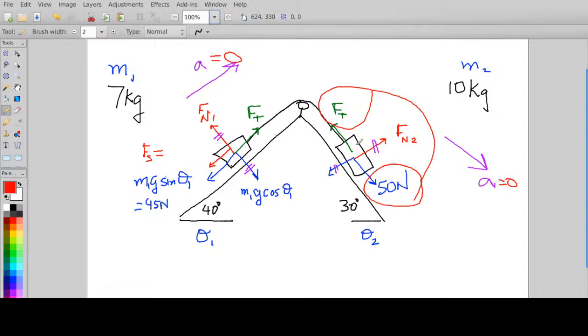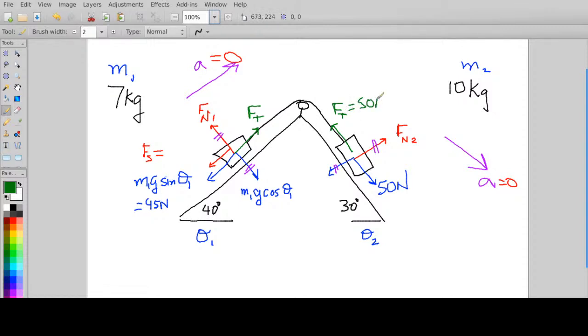Well, if the acceleration is 0, those two had better cancel. Because if the 50 newtons is bigger, then it's going to accelerate downhill. If Ft is bigger, then it's going to accelerate uphill. If it's neither going uphill nor downhill, then the two have to be equal to one another. And so you can say that Ft here is going to equal 50 newtons.